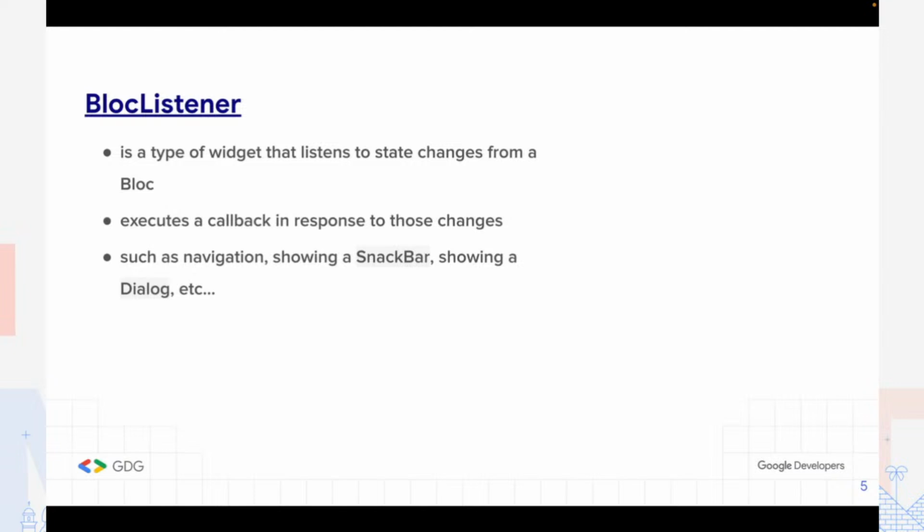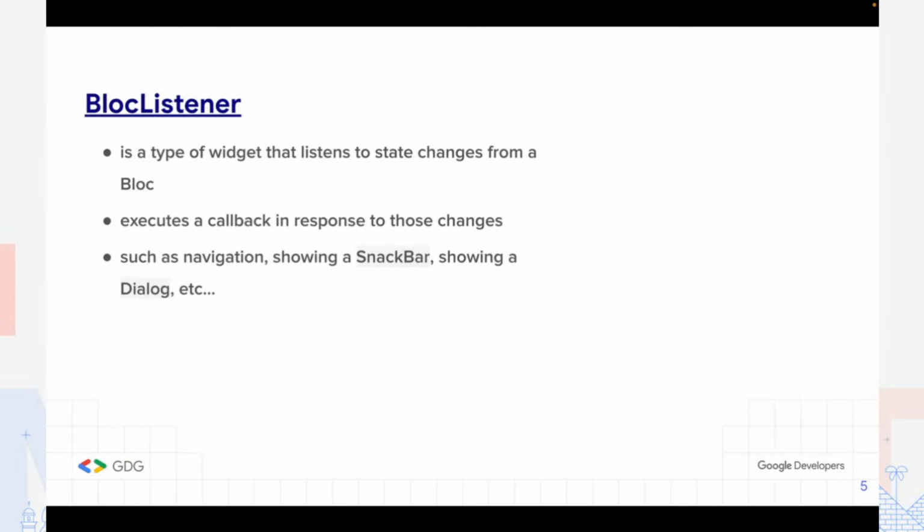It executes a callback in response to the block state changes. So we can use it for navigation, when it's an authenticated user, navigate them to the homepage, or show a snack bar when the user is not authenticated, saying invalid credentials, or any other scenario.